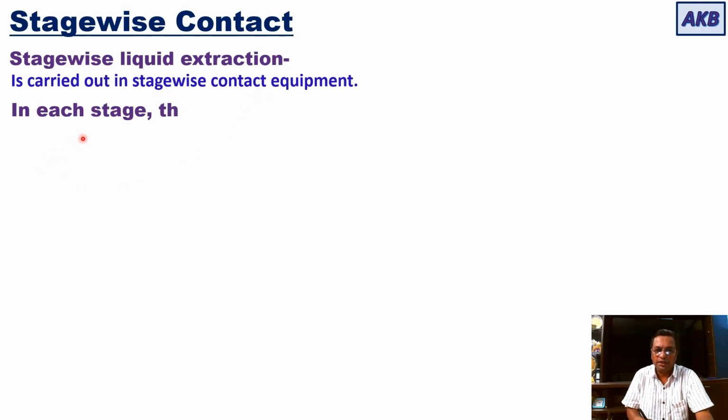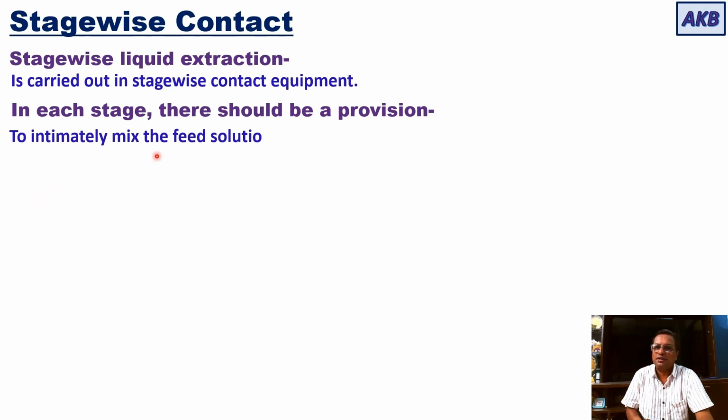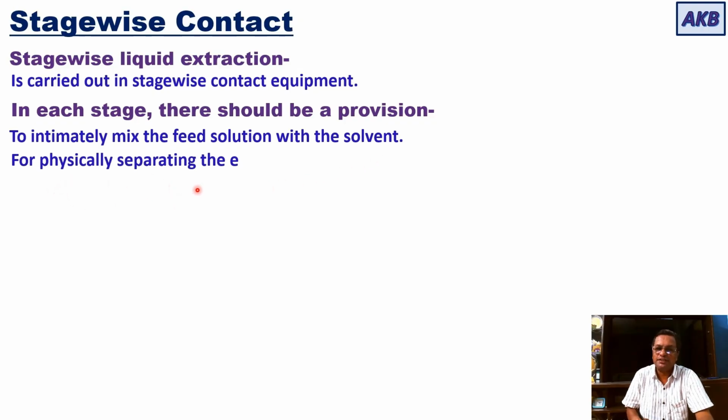To begin with, let us briefly understand stage-wise contact, because stage-wise liquid extraction is carried out in stage-wise contact equipment. In this equipment, there are stages, and for liquid extraction, in each stage there should be a provision to intimately mix the feed solution with the solvent, and after the resulting mixture settles into raffinate and extract phases, there should be a provision for physically separating the extract and raffinate phases.